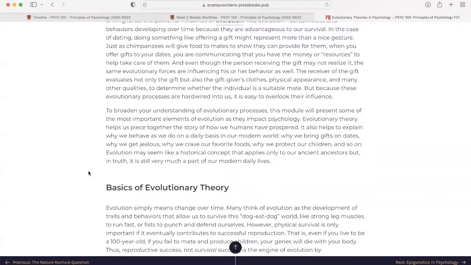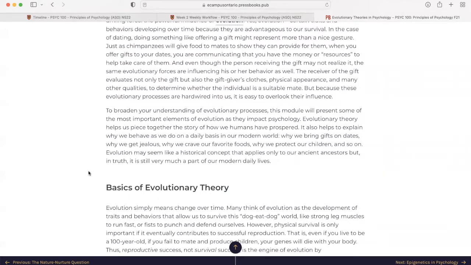The receiver of the gift evaluates not only the gift, but also the gift giver's clothes, physical appearance, and many other qualities to determine whether the individual is, in fact, a suitable mate. But because these evolutionary processes are hardwired into us, it is easy to overlook their influence.